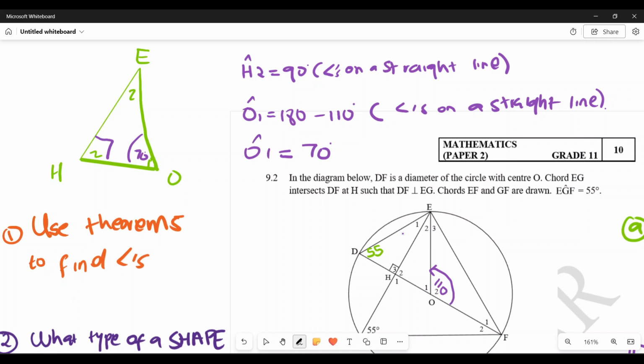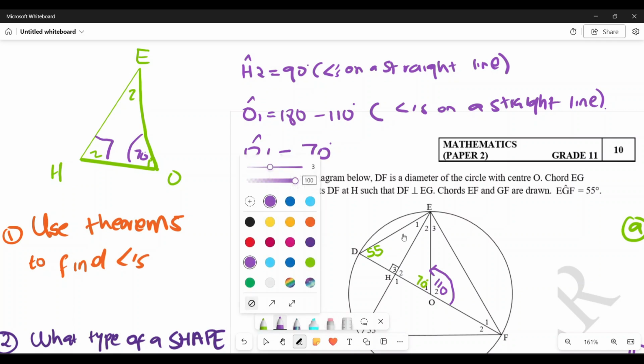Now, this is a triangle, to be specific, a right angle triangle. One of the properties of this triangle is that the sum of angles inside of it is going to be equal to 180 degrees. So this is the appropriate property that we're going to make use of in this instance. Now, to solve for my E2, O1 is 70 degrees.